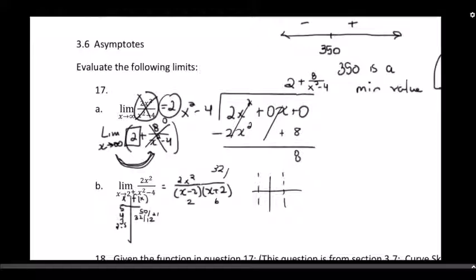Okay. Now 50 divided by 21, that's a little more than 2. 32 divided by 12 is a little more than that. It's 2.6 maybe.